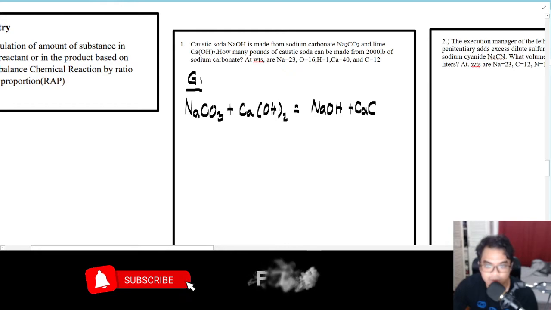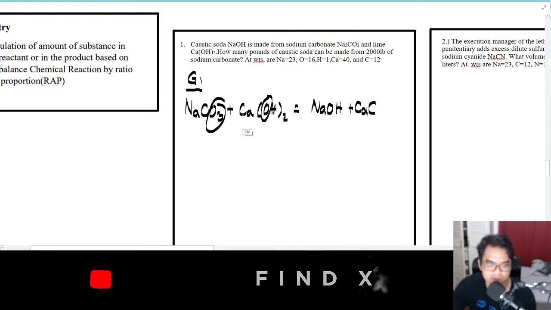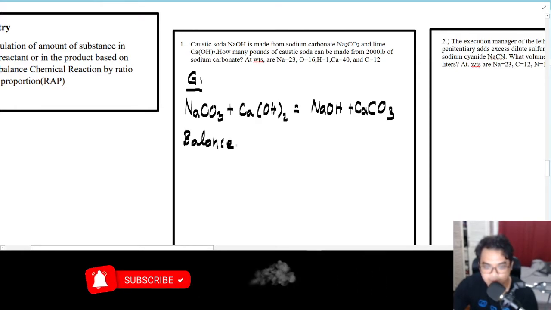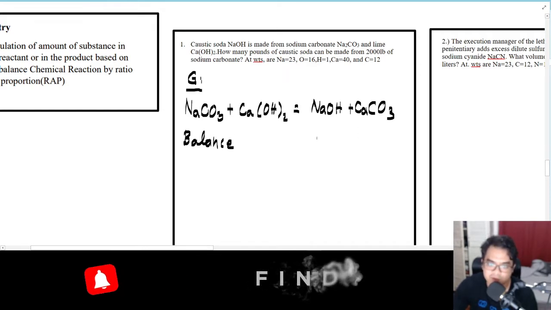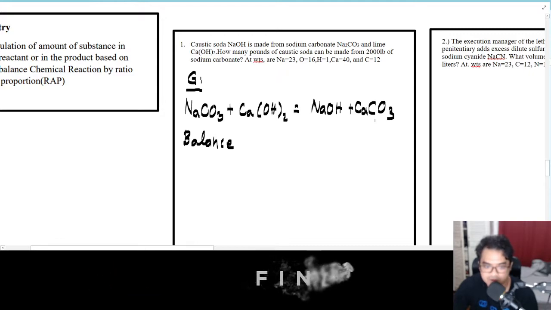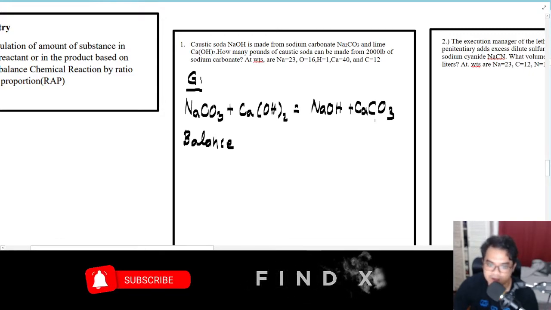Therefore, we already have one oxygen here, so we can add another three to make the equation balanced. Next, you first balance all the elements other than the oxygen and hydrogen. As you can see, the Na, the calcium and the carbon are already balanced.